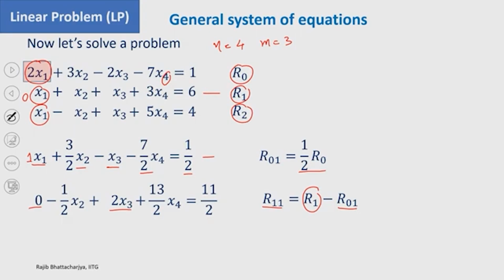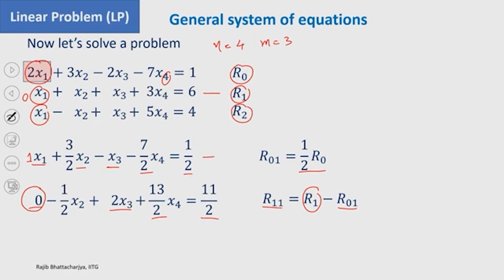For x 4 I get 13 by 2 x 4, and on the right hand side I get 11 by 2. So, by doing this operation, what have I done? I have eliminated the x 1 variable from equation 2.